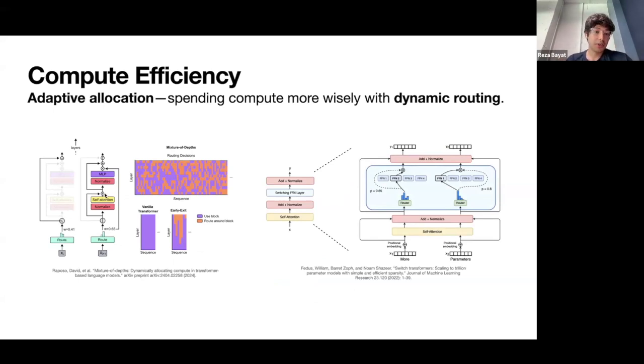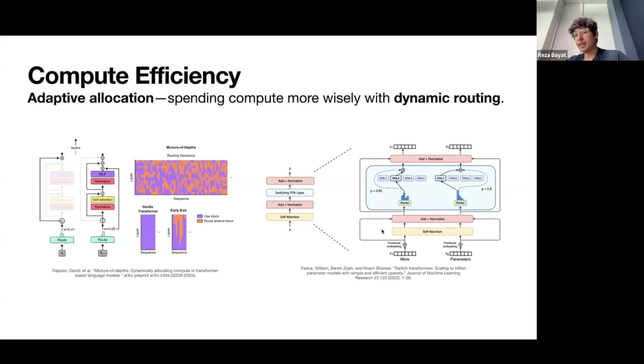We have a layer, and a router score for every token, which tells us which token is more valuable to do computation on. If the score is low, that token bypasses the computation. So we save compute based on the difficulty of the samples.